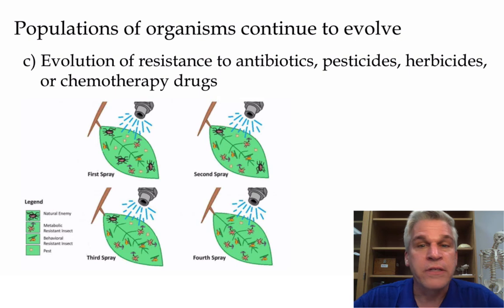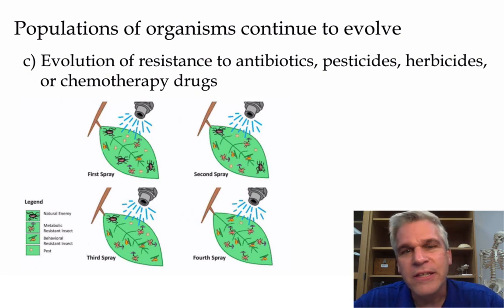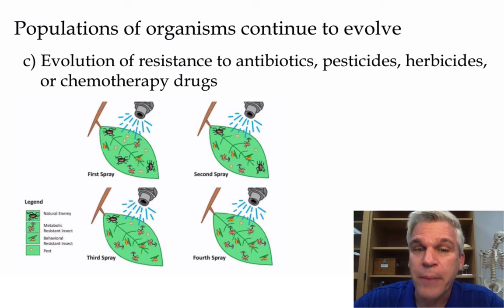Let's take a look at another example, this time with pesticides. We may use pesticides to kill off insects, maybe in our flower beds or in farm fields. Most of the insects will die from that pesticide, but not all of them do. And so some of these are becoming resistant to the pesticides. So we spray again, it kills off a majority of them, but some of the insects still survive.